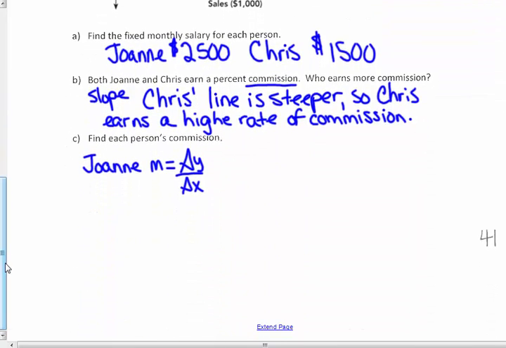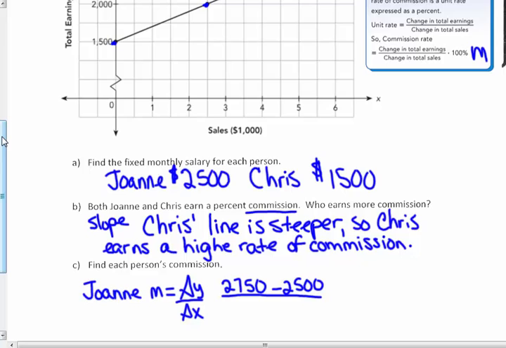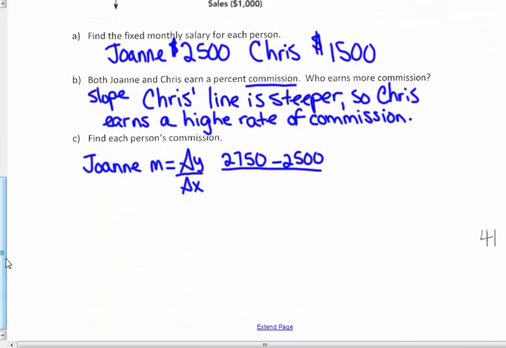Okay, so Joanne, 2,750 delta Y minus the 2,500. Sales are in the thousands, so it's not 5, it's 5,000. 5,000 minus 0.